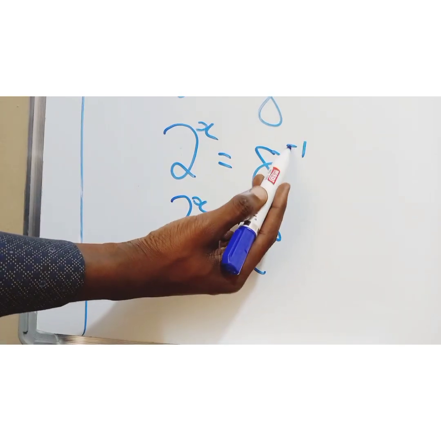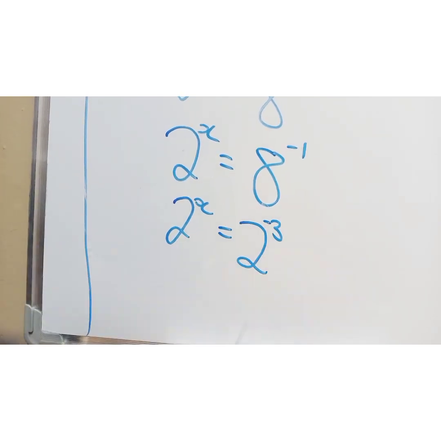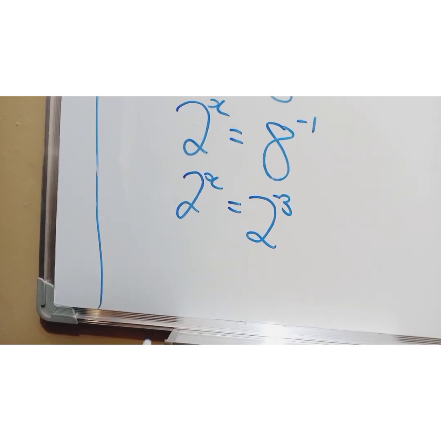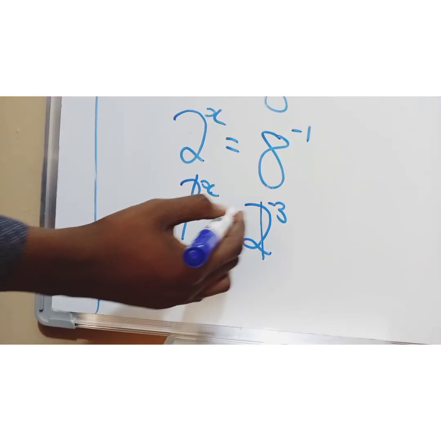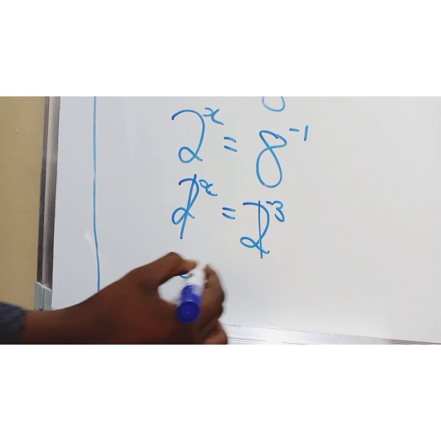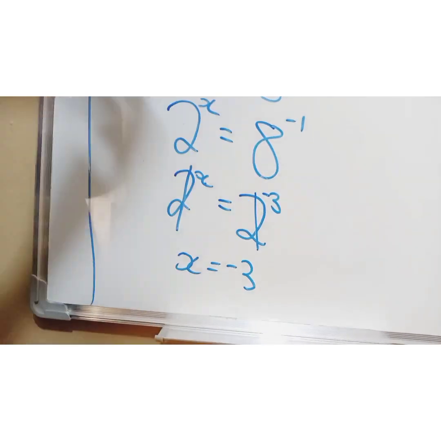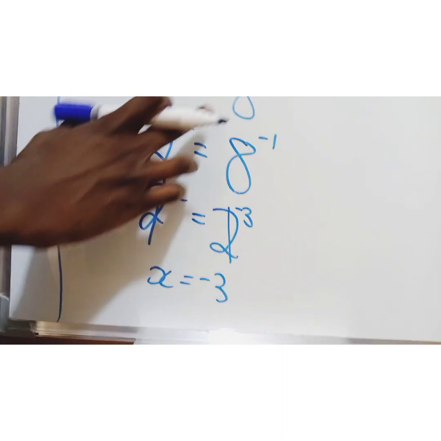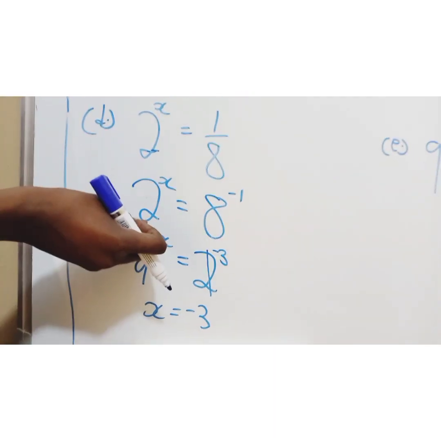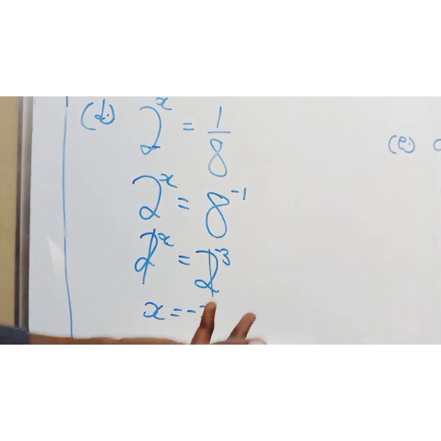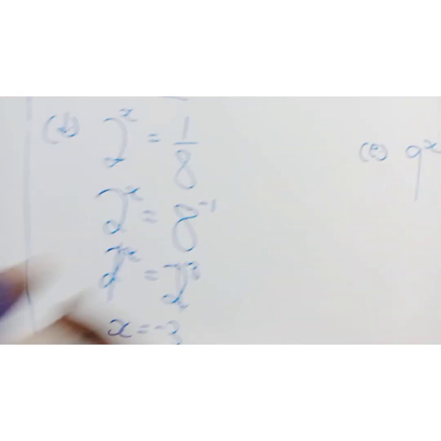But check, there's a negative here, so you're going to put your negative. The answer is even shouting at you. So these are the same, you cancel them. Your answer is x is equals to negative 3. So x equals to negative 3. Yeah, 2 steps. Change this into a negative, change the bigger base into the smaller base, cancel them, you have your answers here. Yeah? Let's look at the last example.